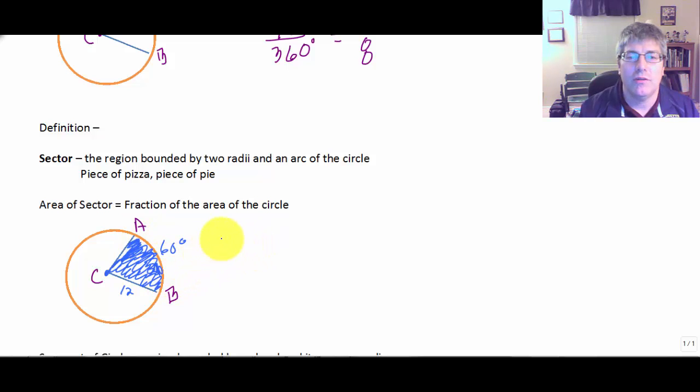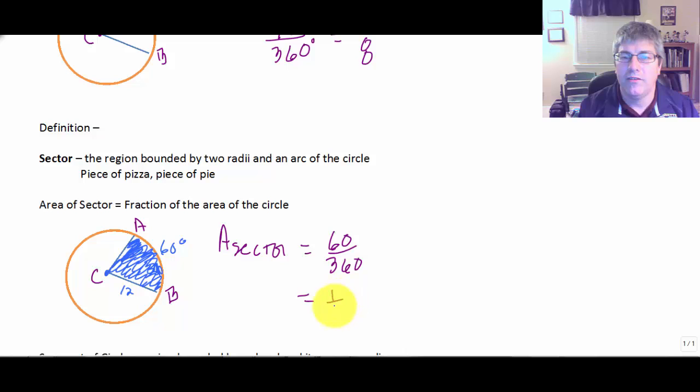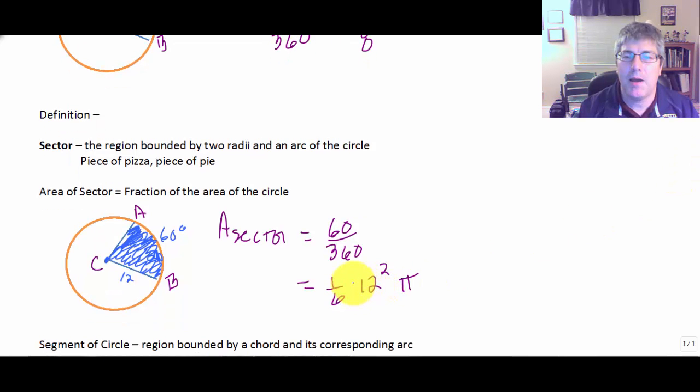In this case, the area of our sector is 60 out of 360, or 1/6 of the whole circle, and the area of the whole circle would be radius squared times pi. So we're looking at 1/6 of 12 squared pi.